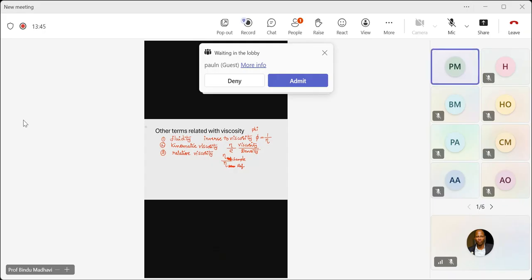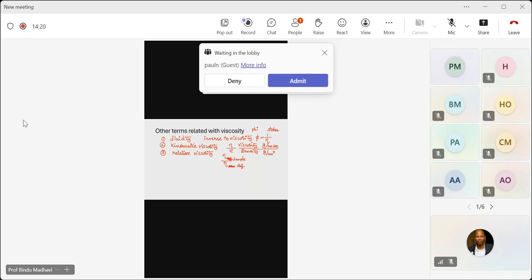The unit for fluidity is the reciprocal of the viscosity unit. The unit for kinematic viscosity is Stokes. Gram per centimeter per second is the unit for the viscosity. And what is the unit for the density? Grams per centimeter cube, isn't it?